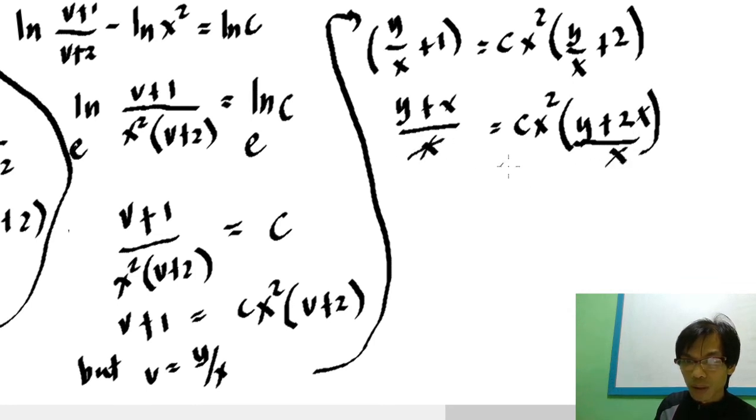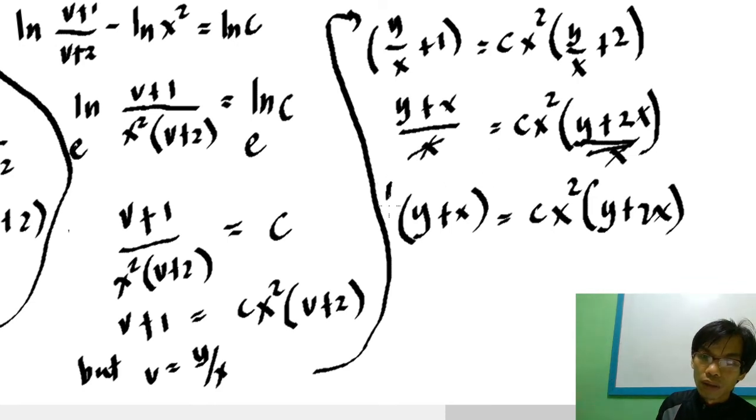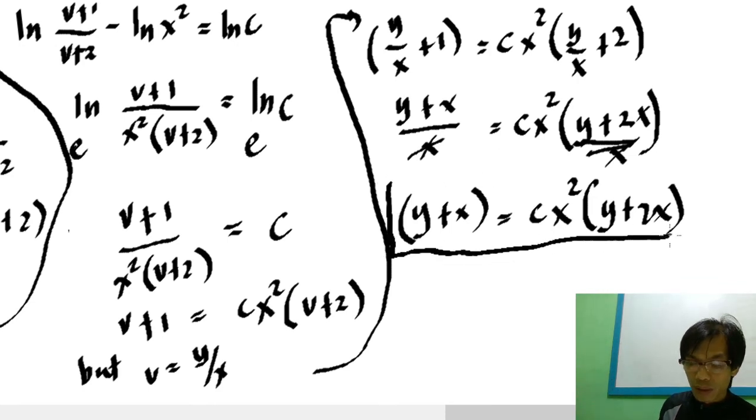So this x can be eliminated such that our answer will be y plus x is equal to c x squared times (y plus 2x). Okay, so finally, this is our final answer.